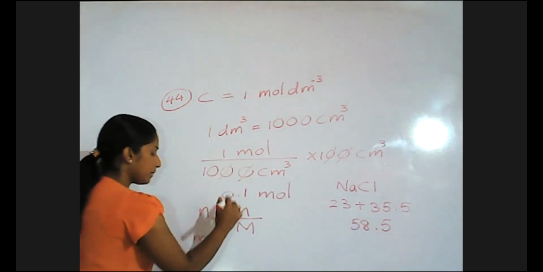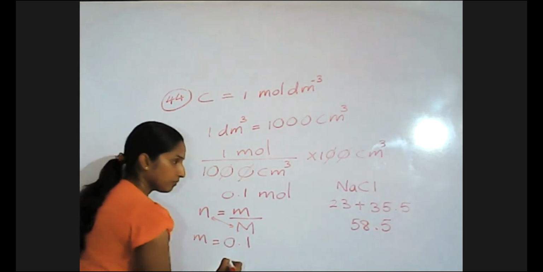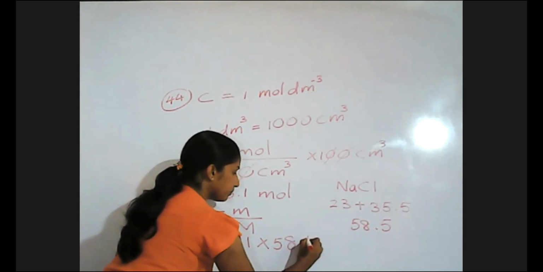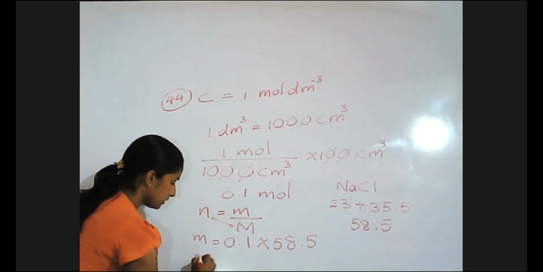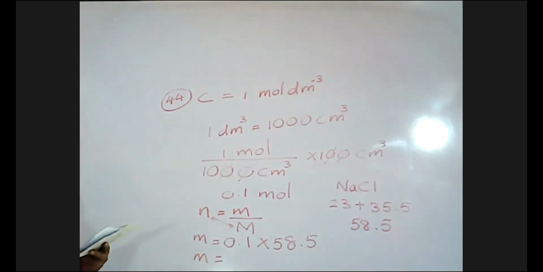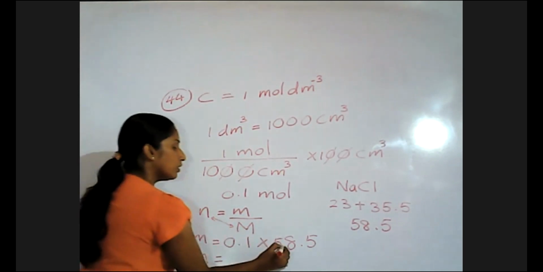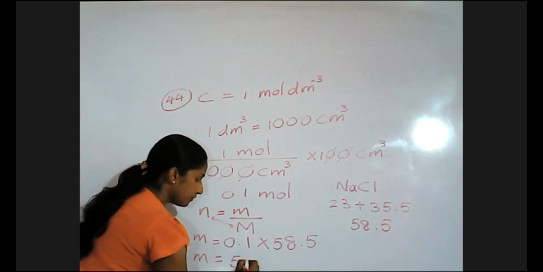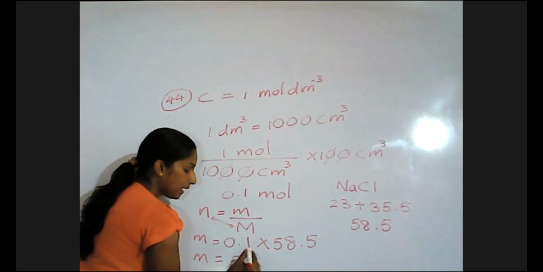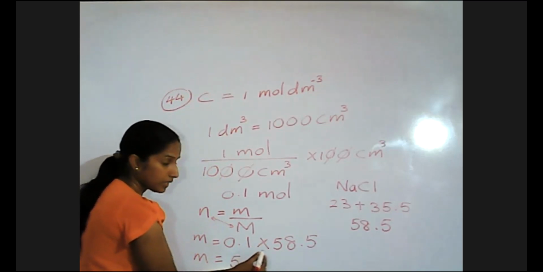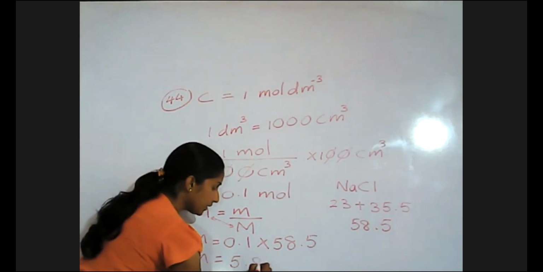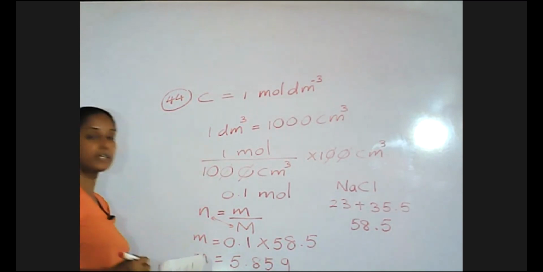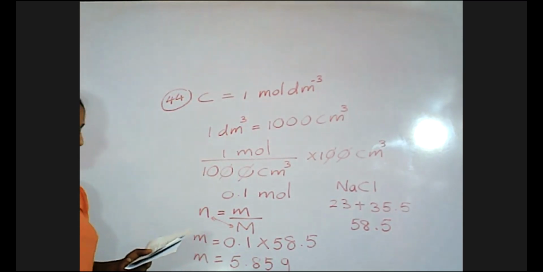So here number of moles 0.1, then 58.5. What is the answer? We have to move the decimal point one place to the left. 5.85, multiplying by 0.1 means dividing by 10. 5.85 grams. What is the answer?